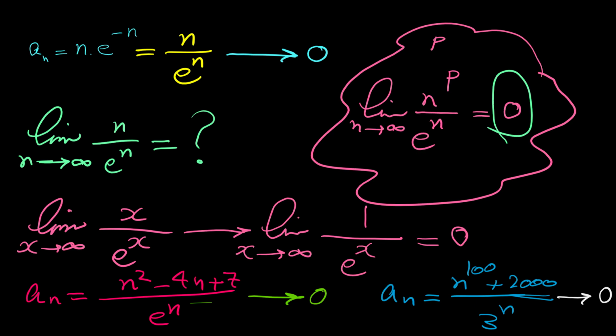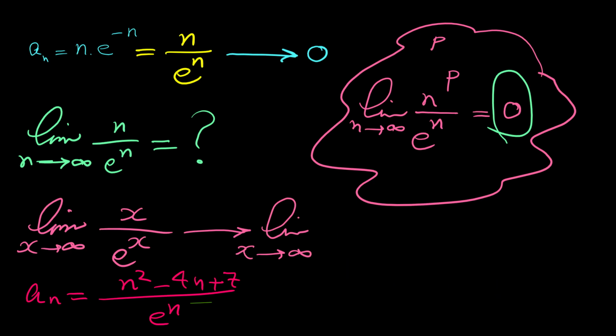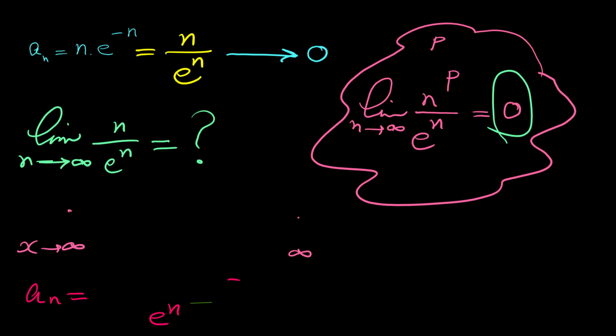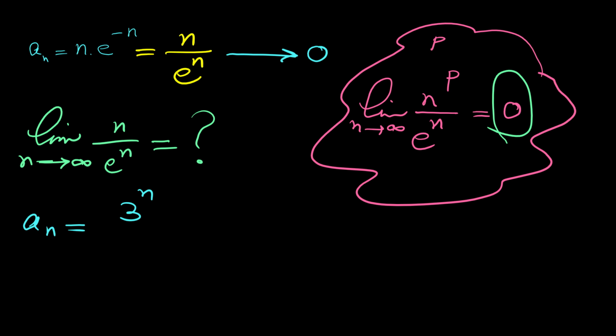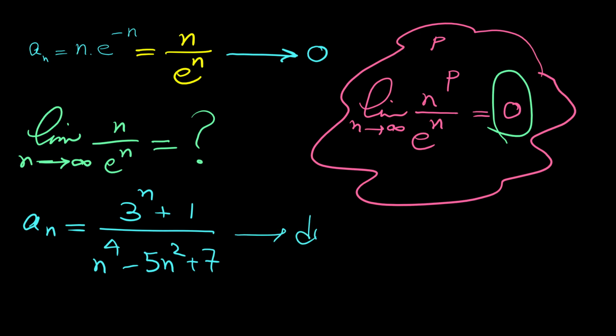Let me show you an example here. Let me erase here to show you an example of that. For example, suppose we have this sequence. an is given by 3 to the n plus, for example, 1 over n to the 4 minus 5 n to the 2 plus 7. And you want to know what is the limit of this sequence. Immediately you have to say this sequence is divergent.